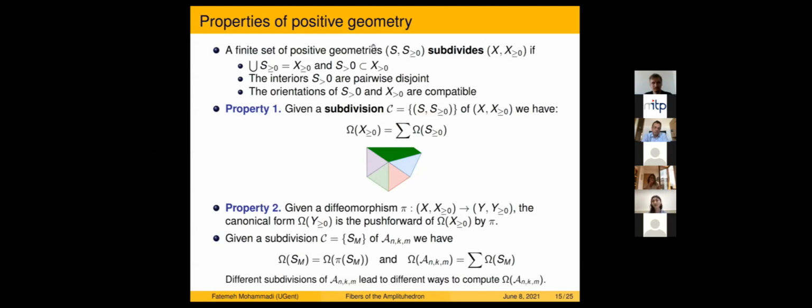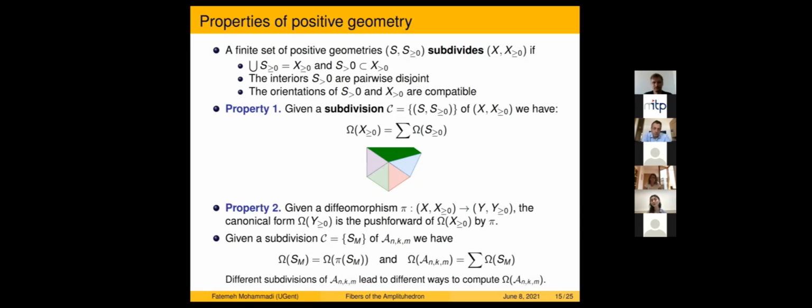It's a subdivision, so it has these nice properties. And by the second property, the canonical form of the positroid cell and the canonical form of its image are equal, so they can be computed from this push forward of the canonical form. And also, you can write down the canonical form of the Amplituhedron as a sum of the canonical forms of these positroid cells that cover the Amplituhedron.